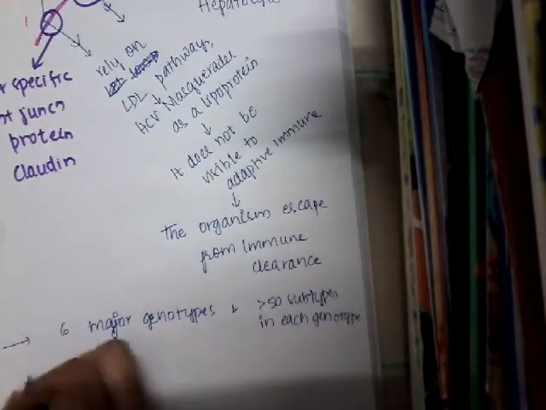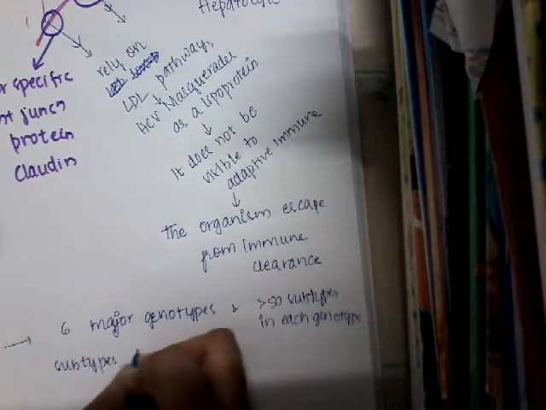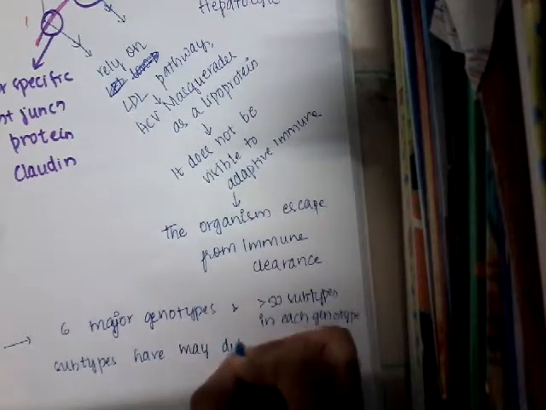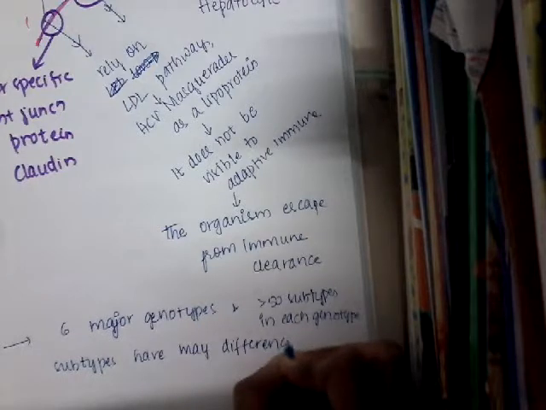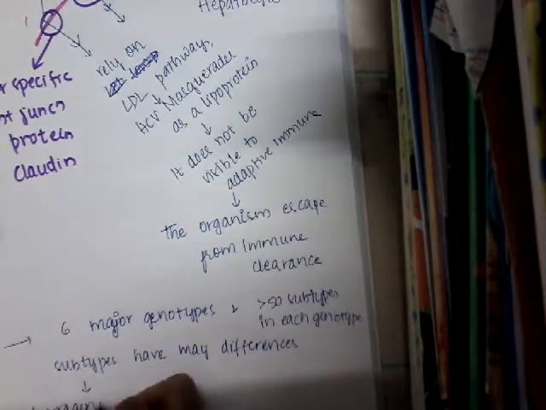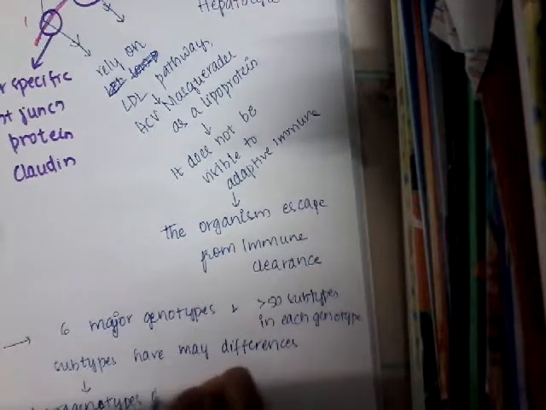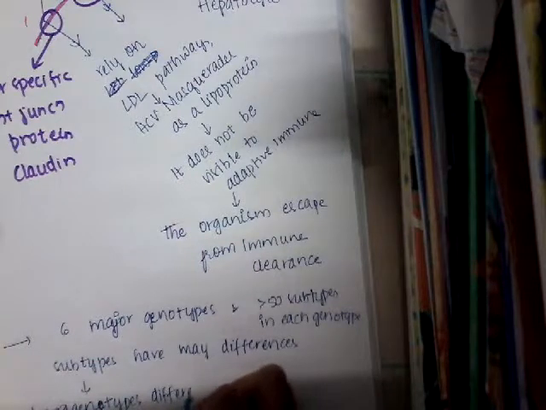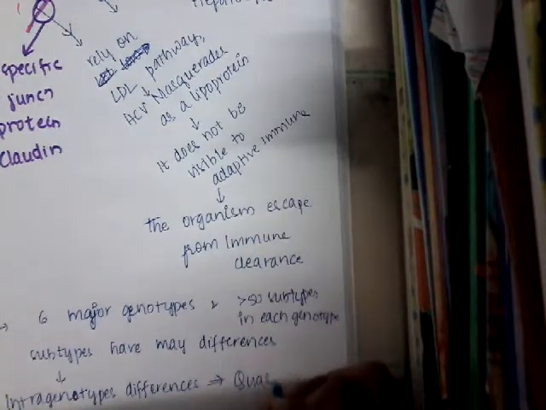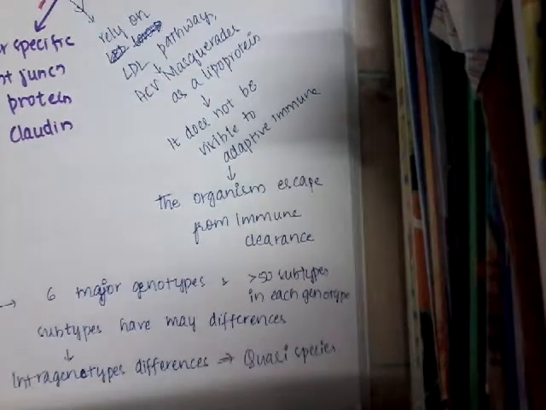These subtypes have many differences. Even if they belong to the same genotype, they have differences among themselves. This intra-genotypic difference is called quasi-species.